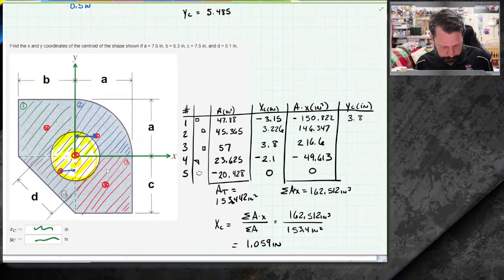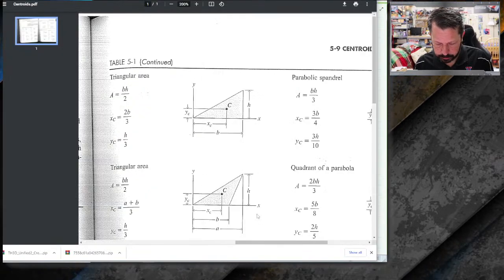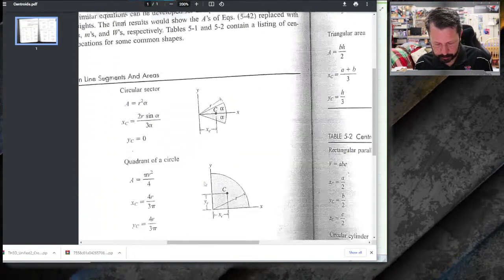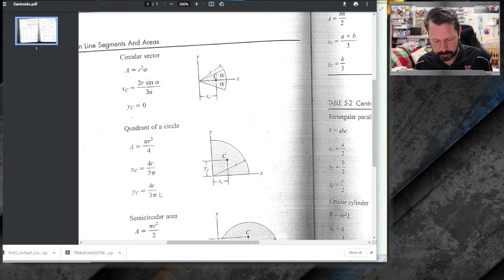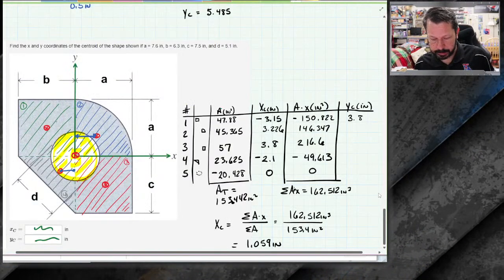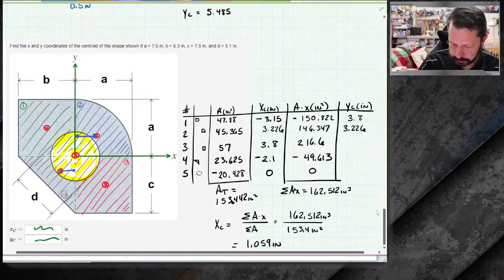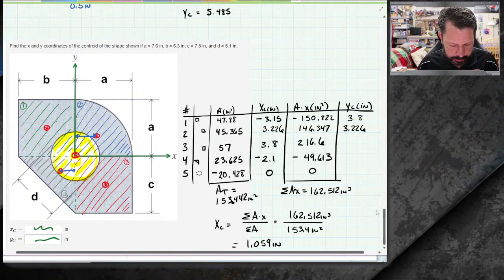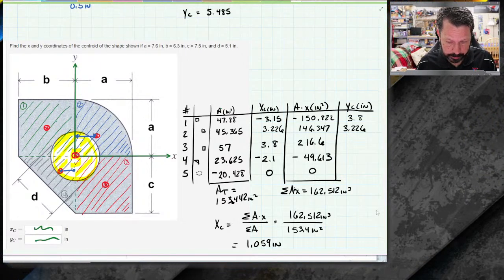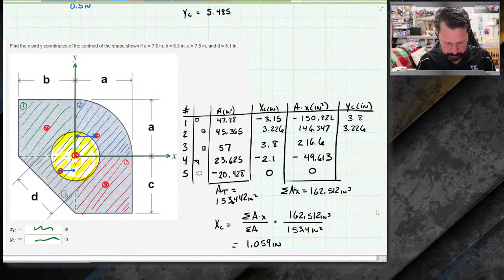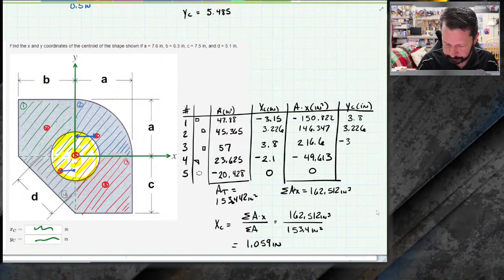So if we go to our picture, find our quarter circle, x sub c and y sub c, they're the same thing, 4r over 3 pi. So it's going to be the same as it was for x sub c, 3.226. Part 3 is below the x-axis, so that's negative. Half of c, so 7.5, half that, 3.75, but make it negative.